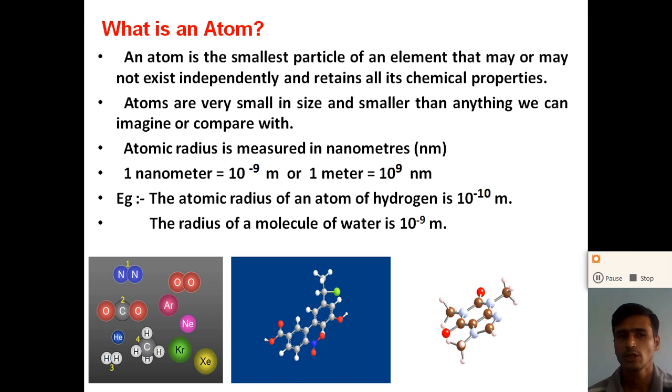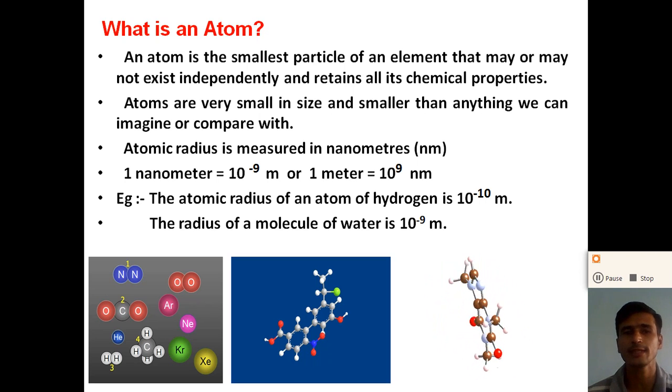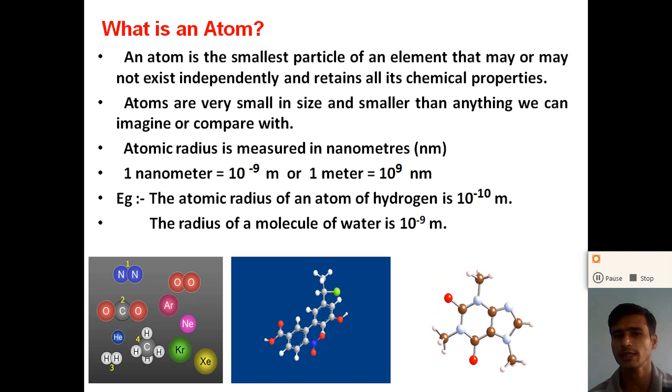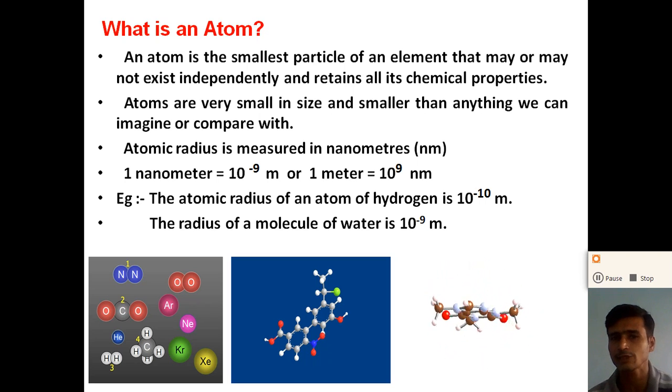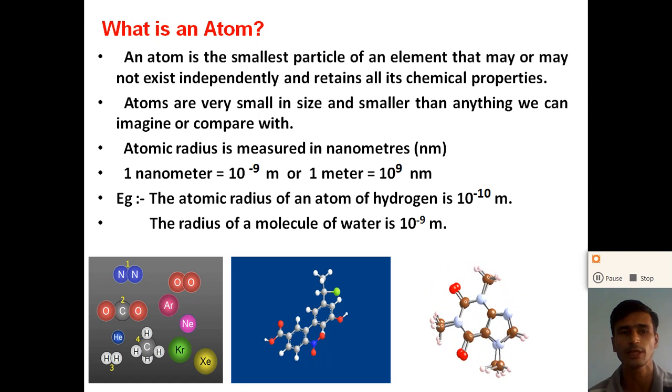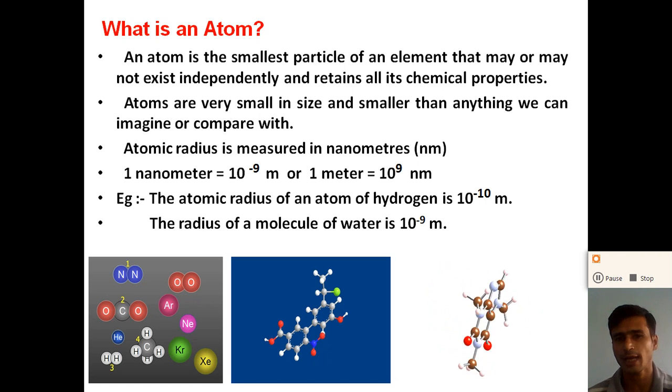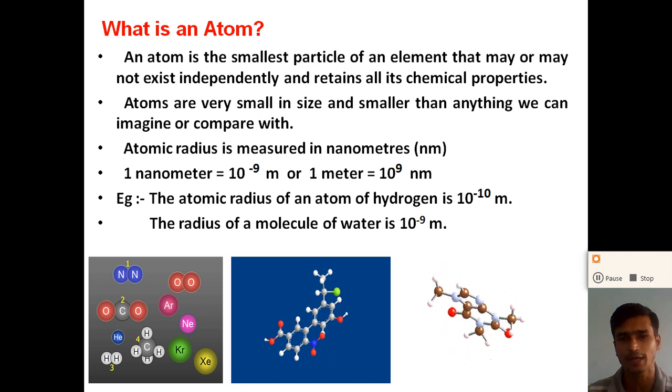The atoms of an element may or may not exist independently, and the atom retains all the chemical properties of the element.